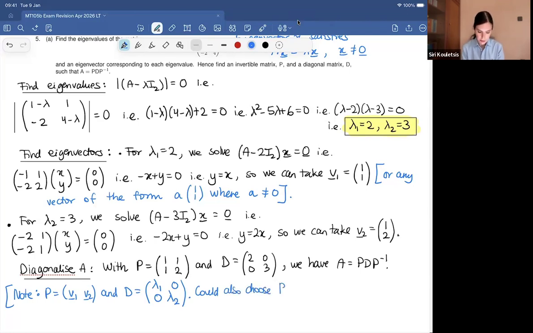So let me call that, say, P dash. If I put v2 first and then v1, well then, you know what I'm going to say. We have to have now lambda 2 first and then lambda 1.